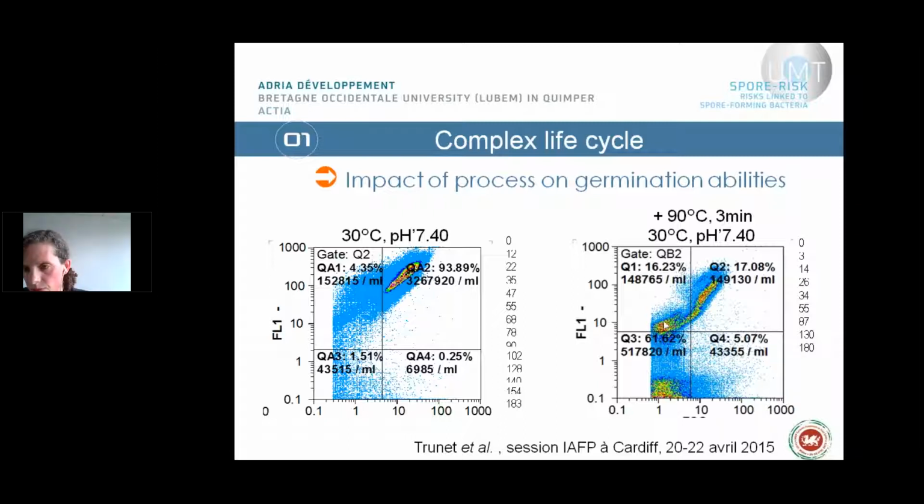And here you have intermediate states that are remaining or not in this state. This we clearly cannot see, but what is interesting to see here is that as soon as you have a process, you will have an impact on germination ability. And most of the time you have a wider range of heterogeneity of distribution.